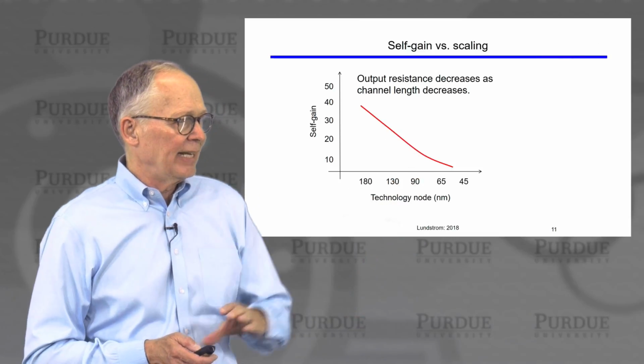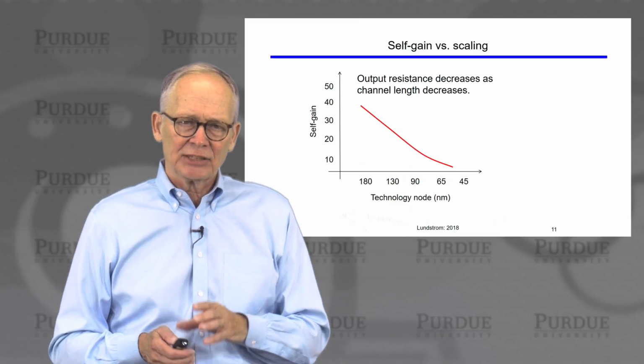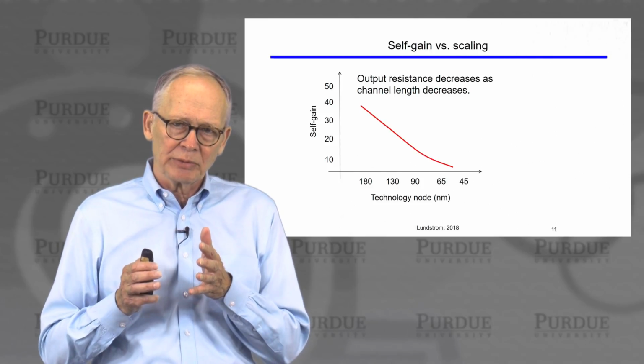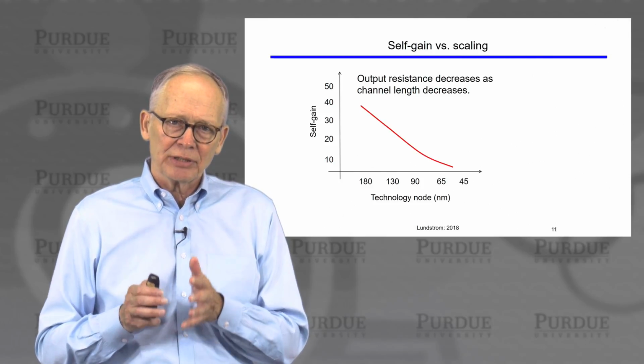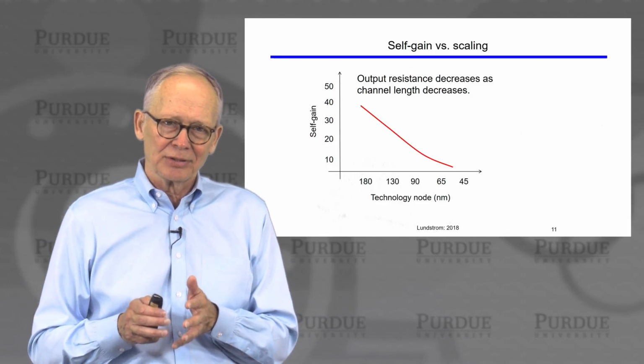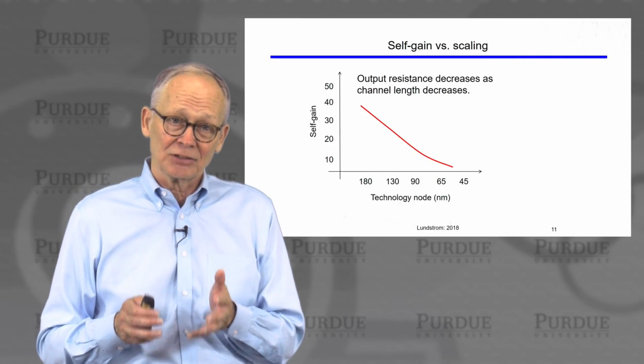Now, if we look at self-gain versus scaling, one of the things that we will find as we understand transistor physics a little more is that when we make the channel length shorter and shorter, the output resistance gets smaller and smaller. So the self-gain gets lower and lower.